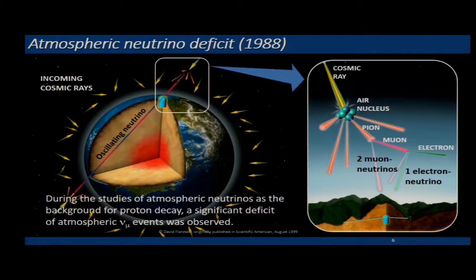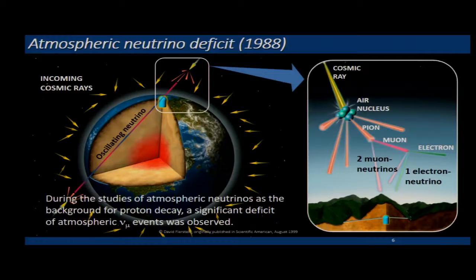And because this is a serious background to proton decay searches, we had to study these atmospheric neutrinos. And during the study of atmospheric neutrinos as the background for proton decays, a significant deficit of atmospheric muon neutrino events was observed.